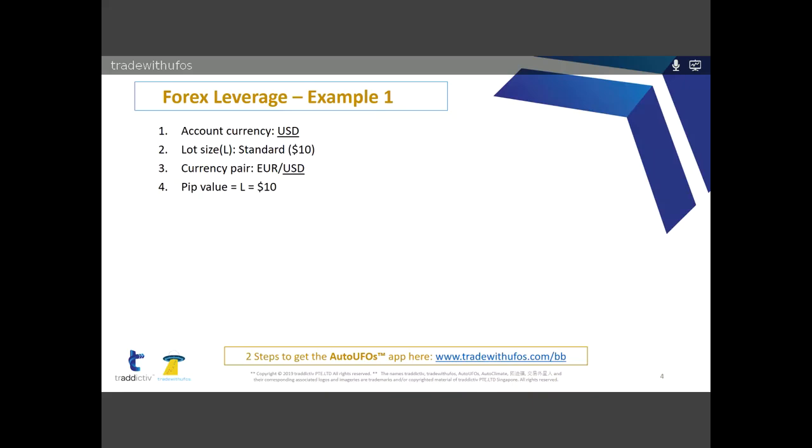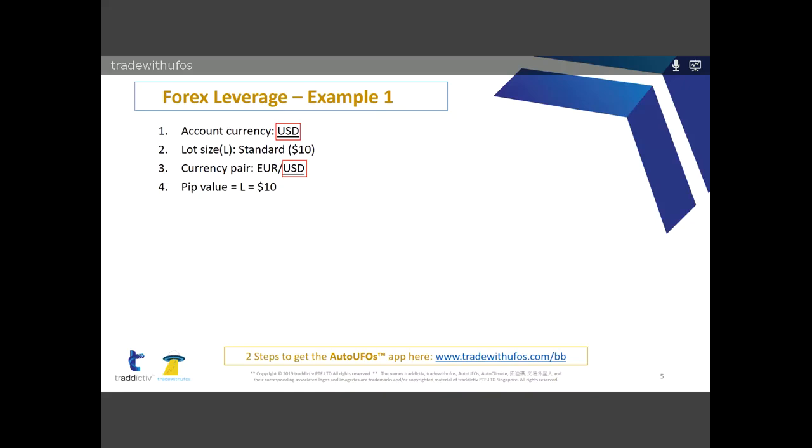So here's our example. Our currency pair that we're willing to trade is the euro US dollar. Now notice how the currency in our account is the same as the quoted currency of the Forex pair that we're trying to trade. Therefore, every tick is for futures, pips are for Forex, okay?